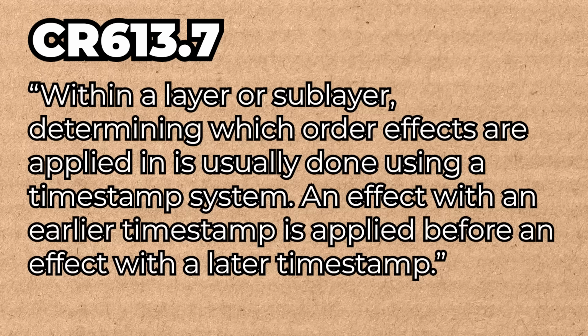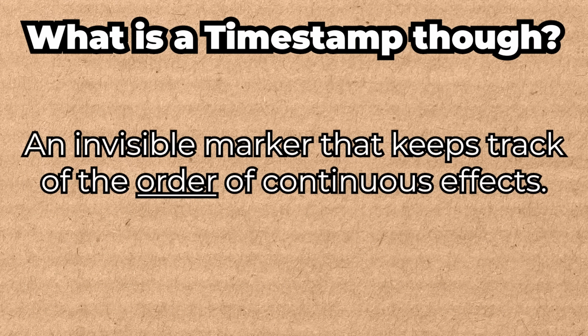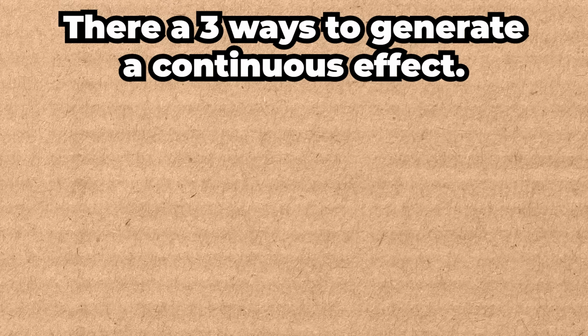As per rule 613.7, within a layer or sublayer, determining which order effects are applied in is usually done using a timestamp system. An effect with an earlier timestamp is applied before an effect with a later timestamp. A timestamp is simply an invisible marker that keeps track of the order of continuous effects. Now just to clarify, there are 3 ways that a continuous effect can be produced.